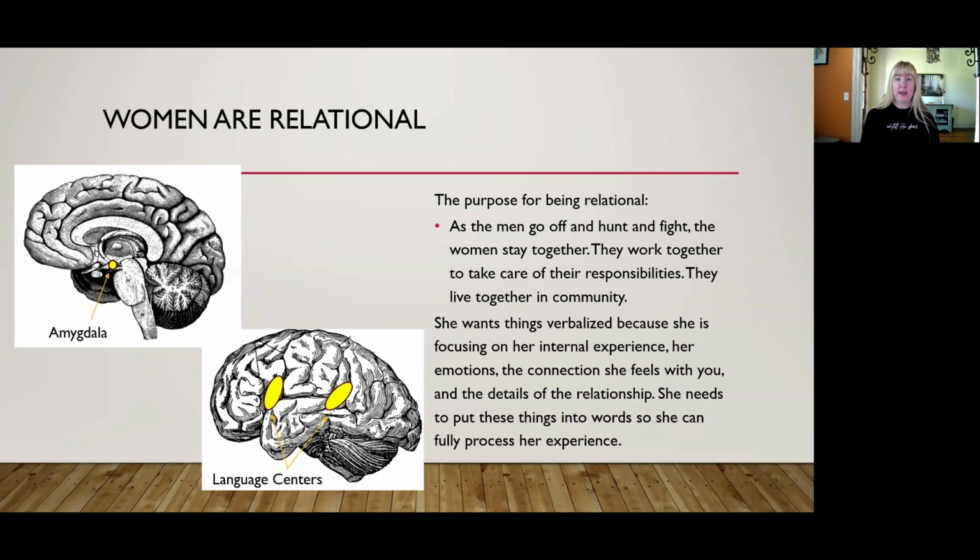And this has created a very common conflict within marriage where she wants to vent. She wants to process out loud. She wants to talk through her feelings and her experiences. And he's sitting here waiting for either the solution or the request for help, because that's his nature, right? He tends to process internally first and then communicate outwardly.